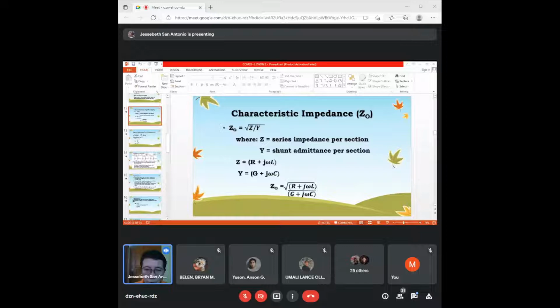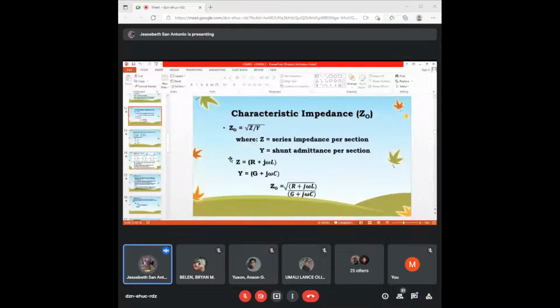Now this was the last slide, no, that I have shown you. Actually, second to the last slide. From here we derived the equation for Z in words, or from last time onwards, we are going to use the letter symbol Z subscript O, which means characteristic impedance. I repeat that again and again.